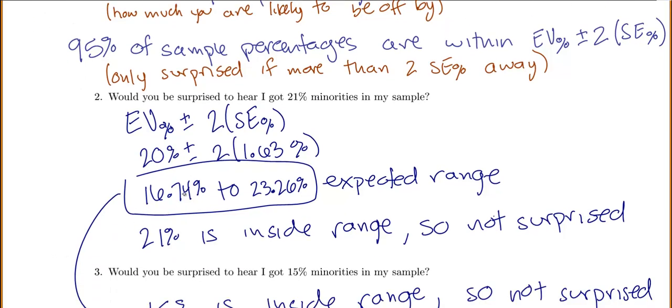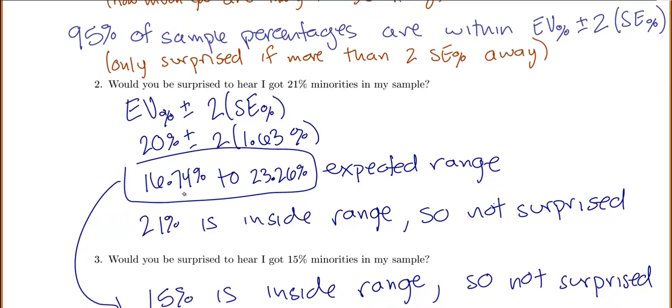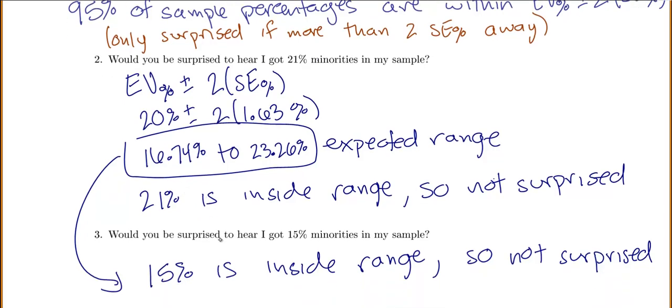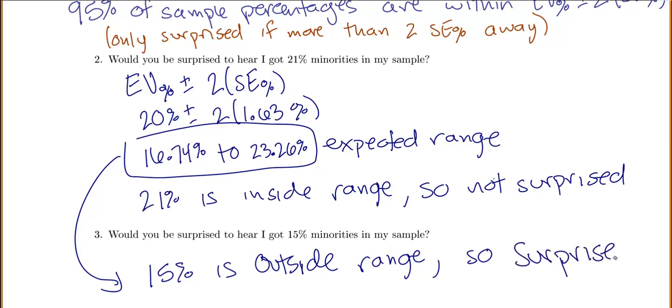Okay, so let's check. 21% is still inside that range, so I would not be surprised. But 15% is not inside the range, it is outside the range. So I would be surprised. Okay, so once again, once I updated my standard error throughout that problem, some of my answers changed.